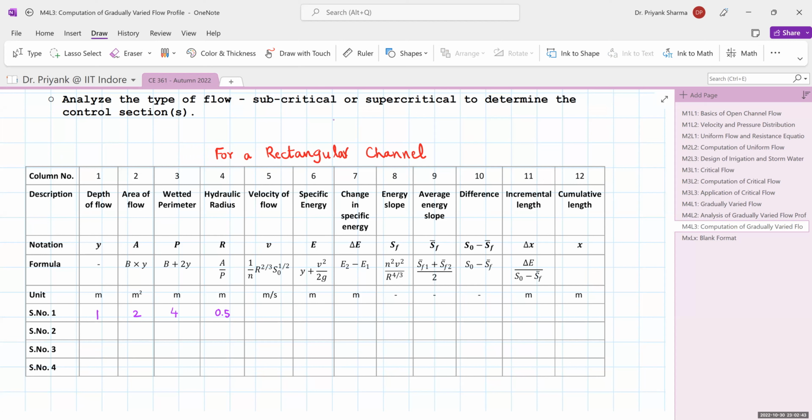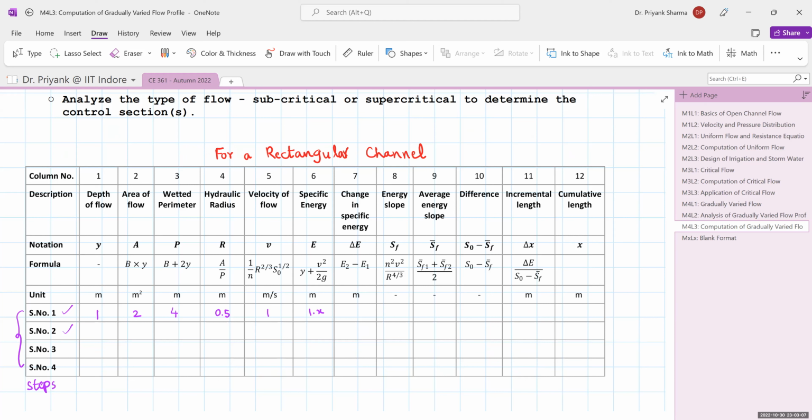Let us say you have an arbitrary velocity 1, this becomes 1 point something, let us say 1.x. Then the question is where to get E2 by E1. So now you come to section 2. So that is serial number 1, serial number 2. So these are the number of steps you are doing.